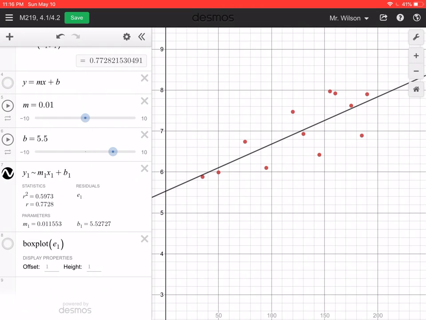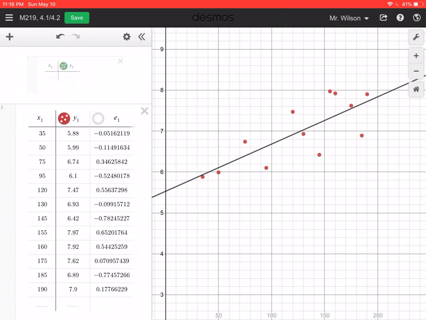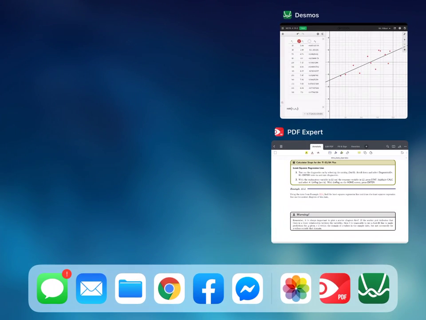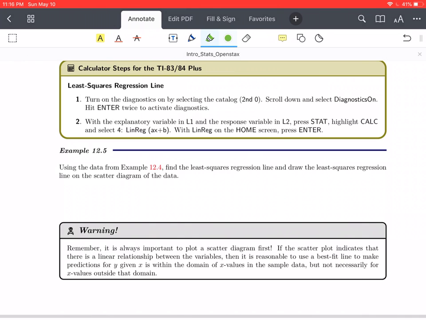All right, so let's go ahead and get back into the notes. We're going to come back to this in just a minute, so don't worry. Then they give a warning here at the bottom of the page. Remember, it's always important to plot the scatter diagram first.